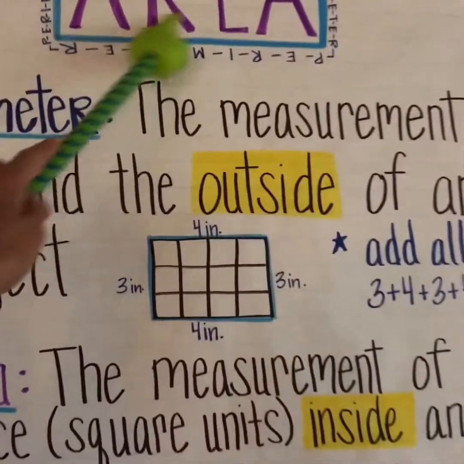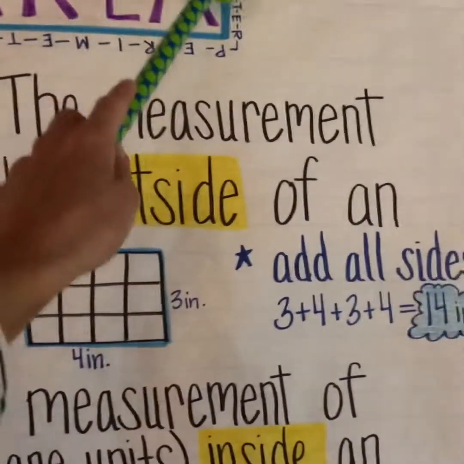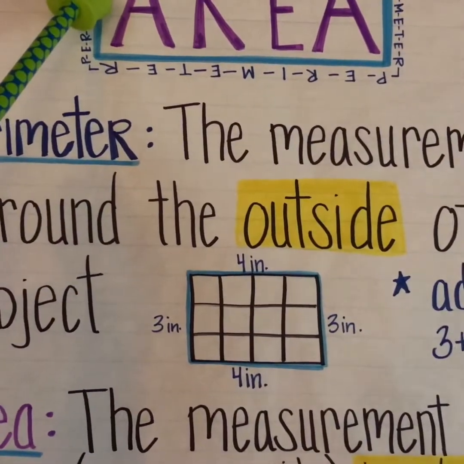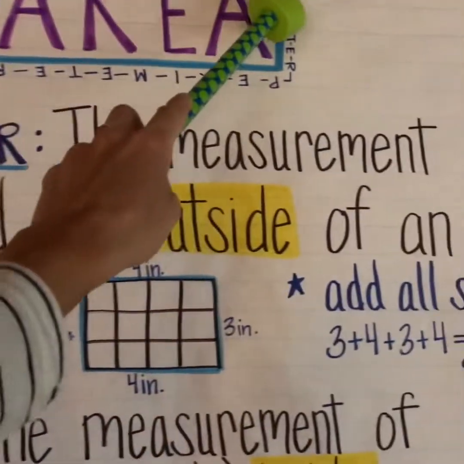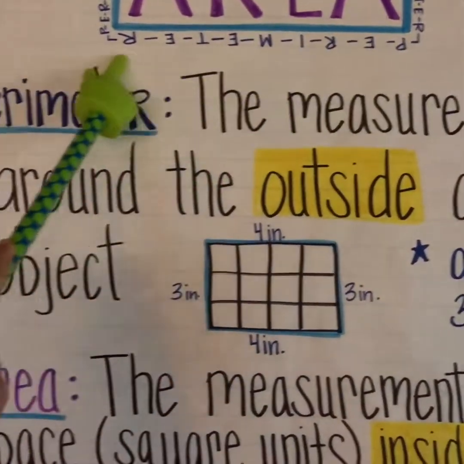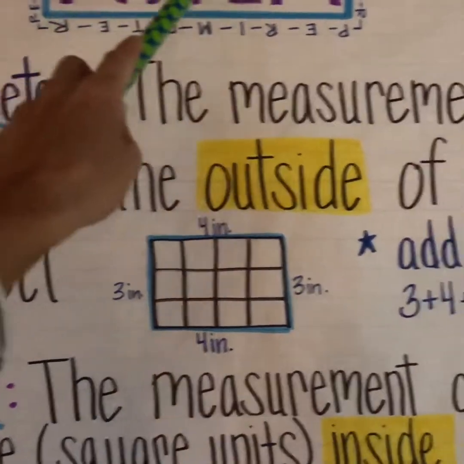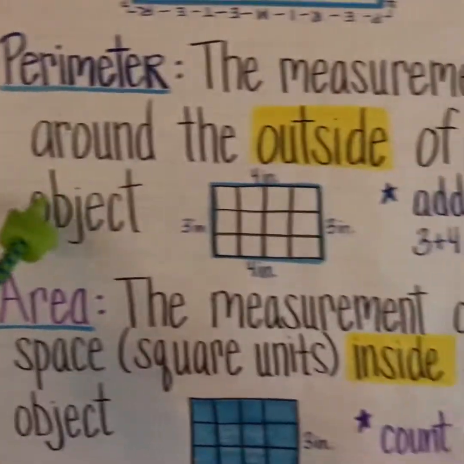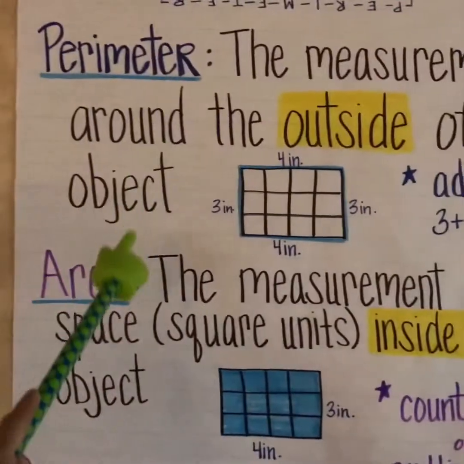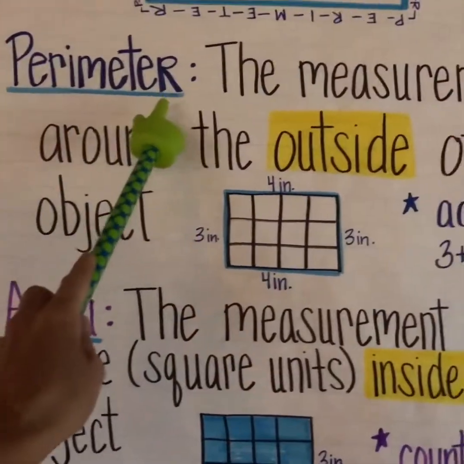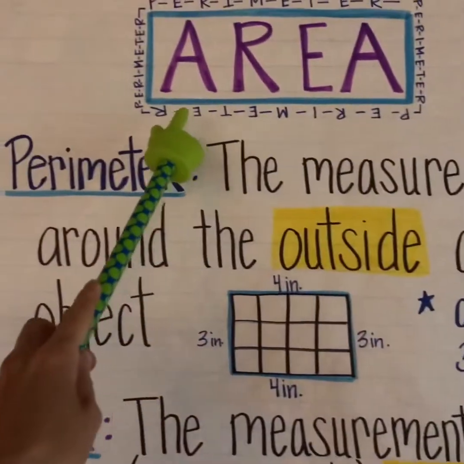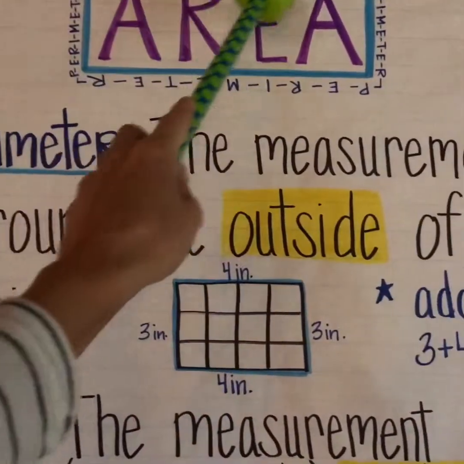Both area and perimeter are used to measure amounts of space. Perimeter we use to measure the outside of an object. The measurement around the outside of an object is called the perimeter. So we demonstrated it by writing perimeter around this rectangle.